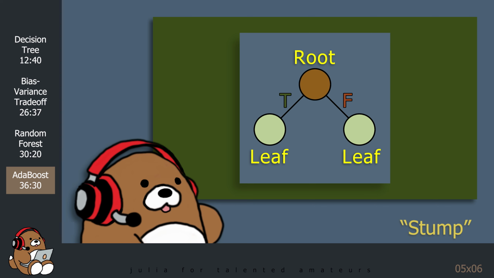Unlike random forests that grow multiple decision trees and then aggregate them to form a new metamodel, AdaBoost starts with what is known as a stump, meaning that it's a decision tree with only a root node and 2 leaf nodes.